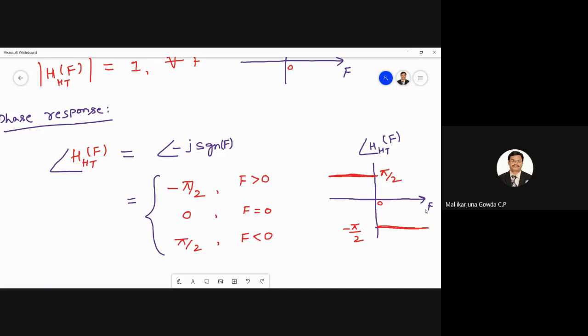From the magnitude response, the amplitude of all frequency components in the signal are unaffected by the transmission through the system, because its magnitude is 1 for all frequencies, either f greater than 0 or f less than 0. Hence, the Hilbert transformer is also known as a phase shifter.